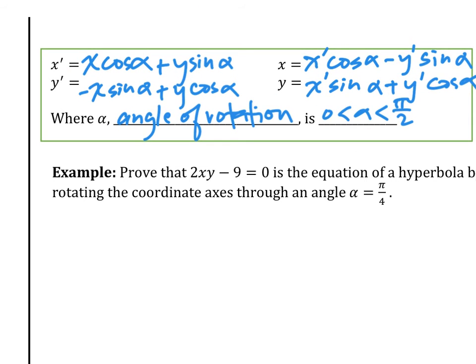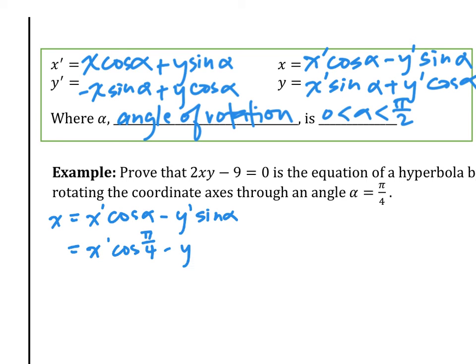So x is x prime cosine alpha minus y prime sine alpha, and so x prime cosine pi over 4 minus y prime sine pi over 4. We know that cosine pi over 4 and sine pi over 4 are both square root 2 over 2. So this is square root 2 over 2 x prime minus square root 2 over 2 y prime.